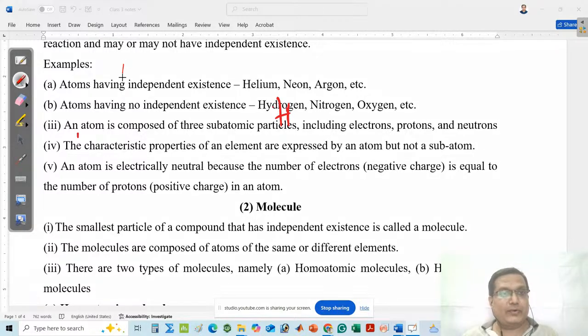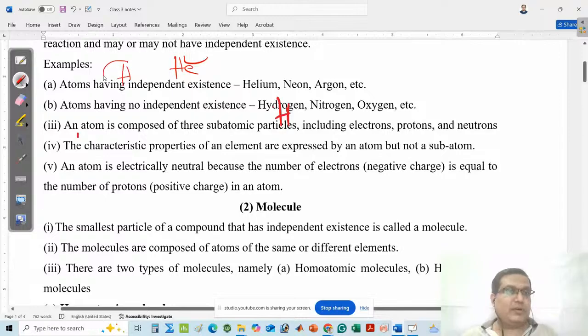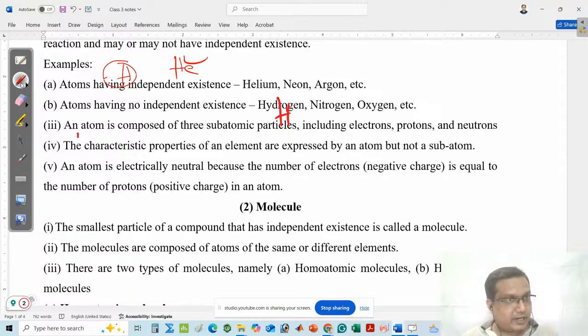You cannot write only H, but you can write He because He is stable. It can be present as a single atom, but a hydrogen atom cannot be stable because its valency shell does not follow the octet or duplet rule. So hydrogen always exists in the form of hydrogen molecule H2.